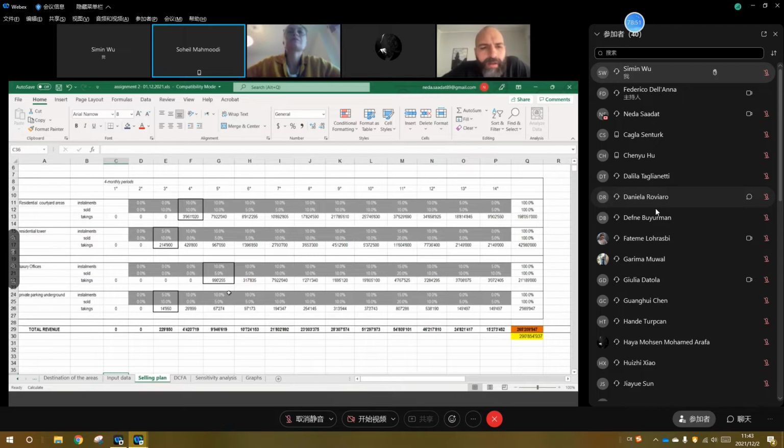But the formula or the time period for residential courtyard, is it correct?